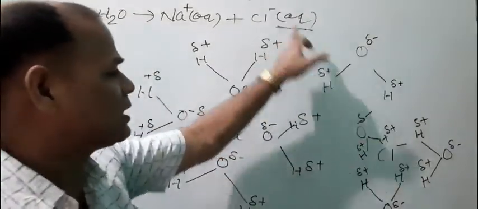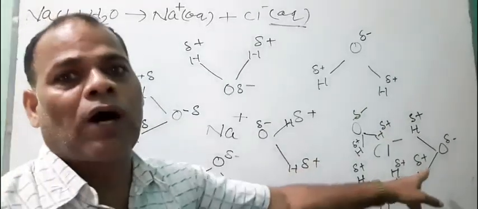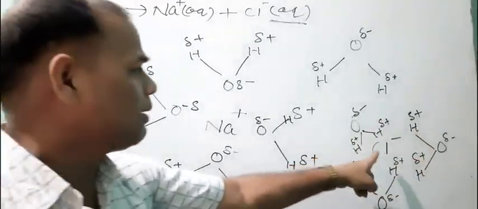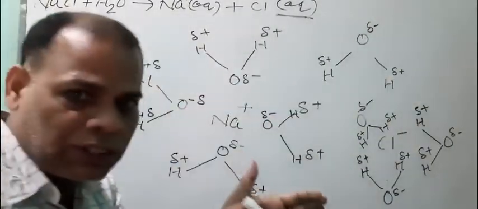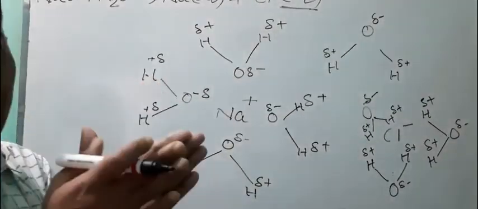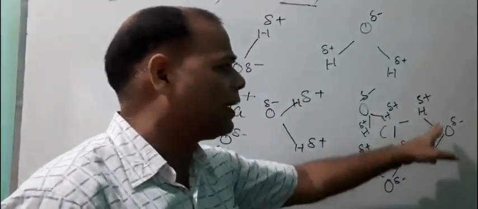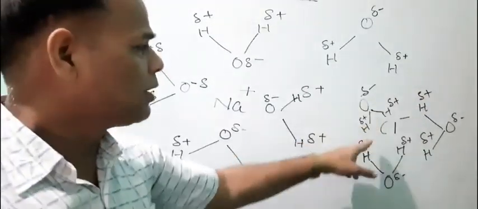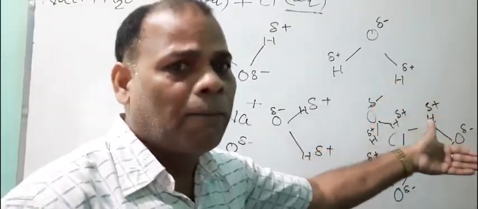Similarly, Cl minus aqueous, Cl minus is also surrounded by water molecules, by the positive end of the water molecule, the hydrogen of the water molecule.